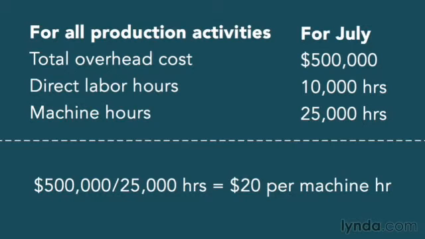So maybe machine hours is a better way to do this. In that case, it'd be $20 per machine hour. If I make a plan for making this oak table and it's going to require 200 hours of machine work, then that's going to create $20 of overhead per machine hour, roughly speaking, based on last month's data.